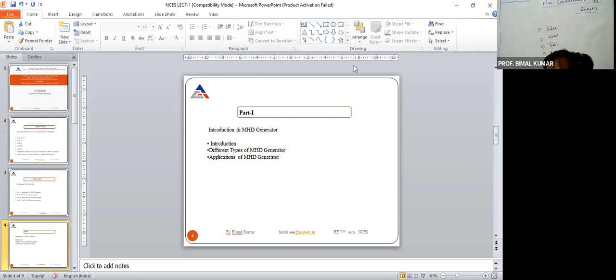So we are not using these types of energy sources 24/7. These are used in addition to the existing conventional energy sources.